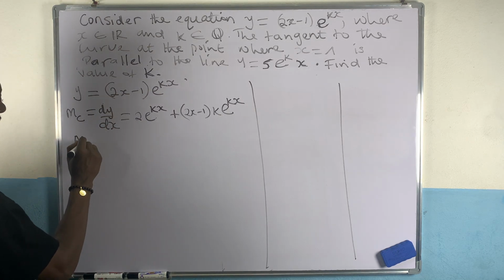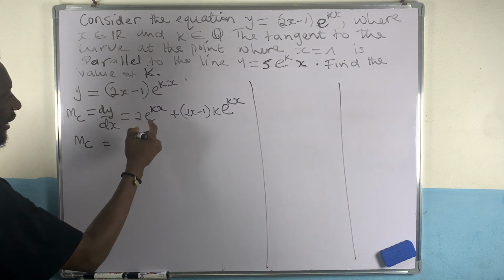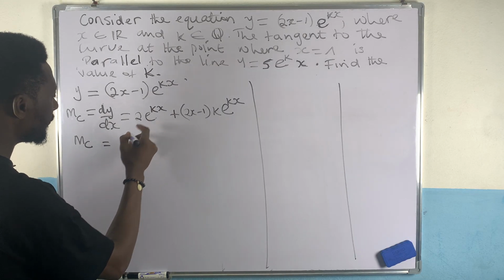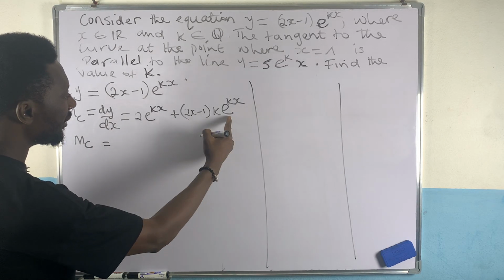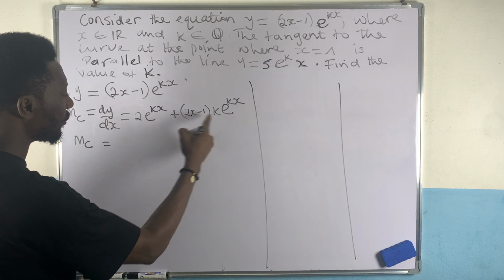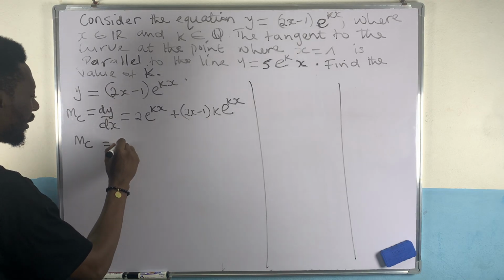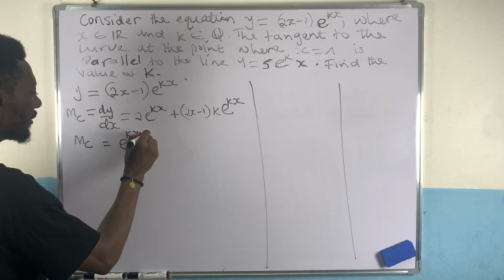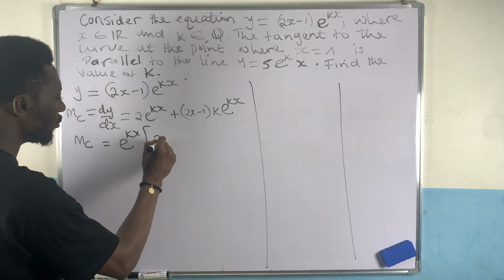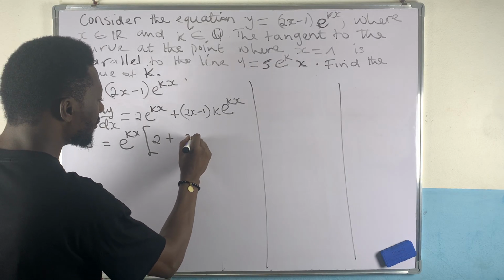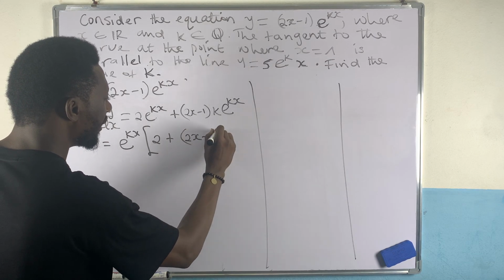So my gradient of the curve is actually, you can see e exponent kx is a common factor, so you factor it out. I have e exponent kx, all that times 2 plus (2x minus 1) times k.